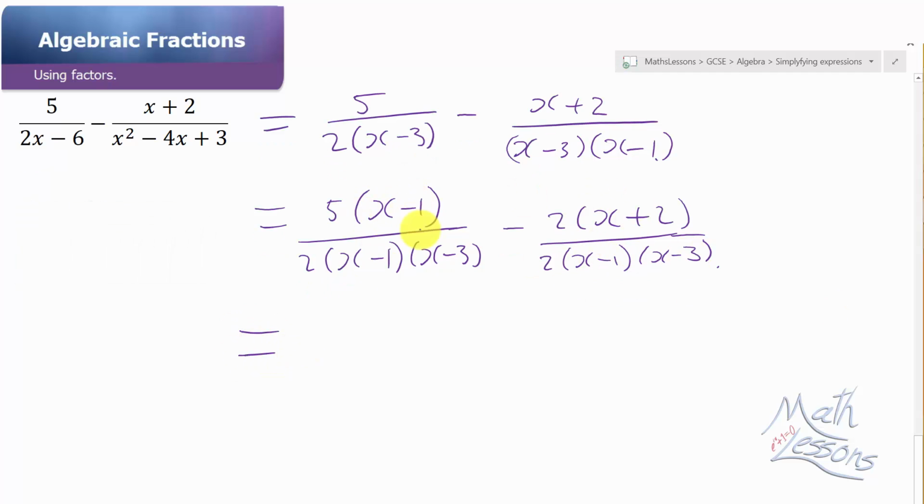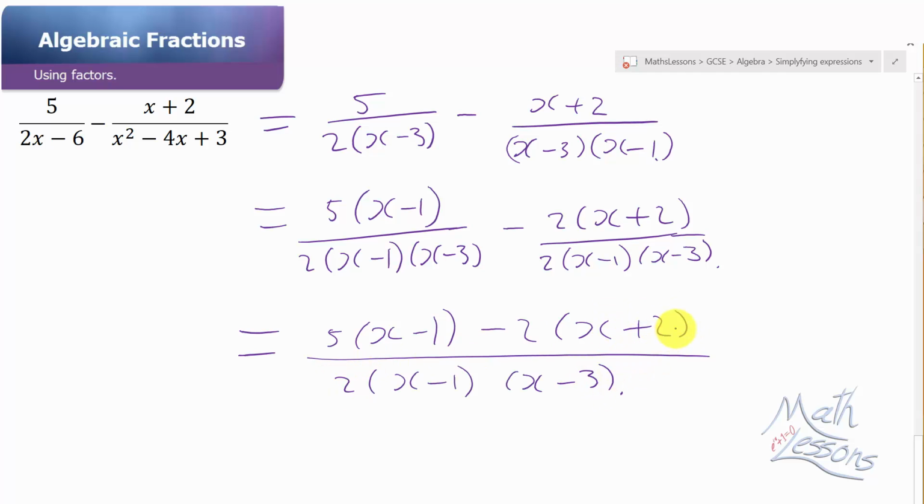Now we can add these two together, and I suggest that you don't multiply it out, just take them away to start off with, because often students make a mistake when they do two things at once, and I'll explain why in a minute. So we just write it all out, subtracting the top this value from this value to get this. Now let's multiply out 5x minus 5 minus 2 times x.